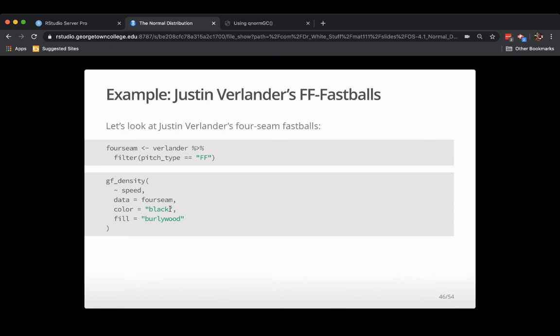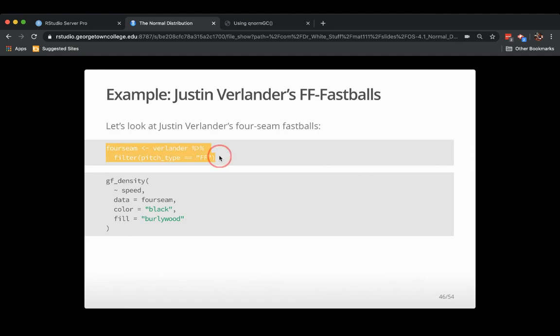Let's take a look with some actual data. Justin Verlander, the pitcher, throws different kinds of pitches, but let's just look at his four-seam fastballs. So we take the Verlander data set that we've looked at before and we pipe it into this command called filter. And we're just going to pick out the rows where the pitch type is equal to quotes FF, a four-seam fastball.